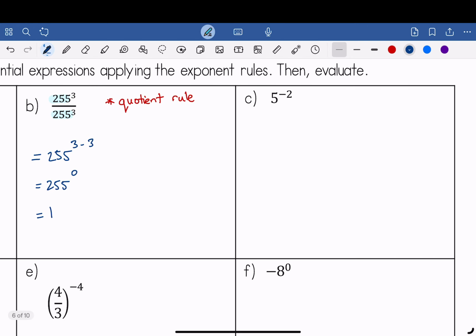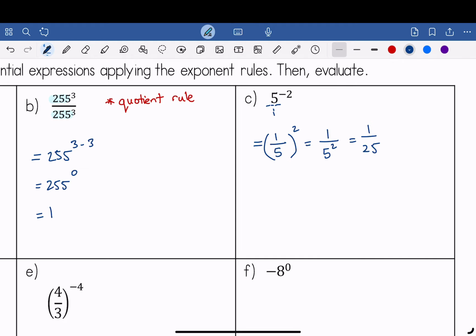So c, 5 to the power of negative 2, is equal to, I'm going to make this over 1, if that helps you visualize. It now becomes 1 over 5 to the power of positive 2. I'm going to distribute the exponent. It's 1 to the power of 2 over 5 to the power of 2, which is 1 over 25.